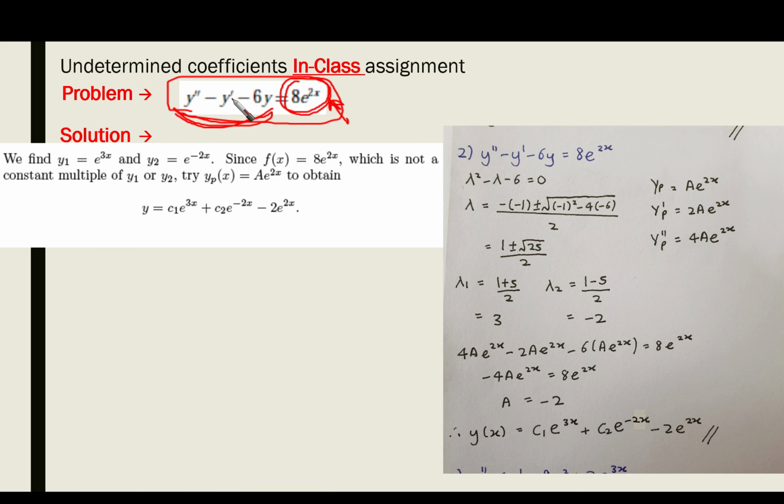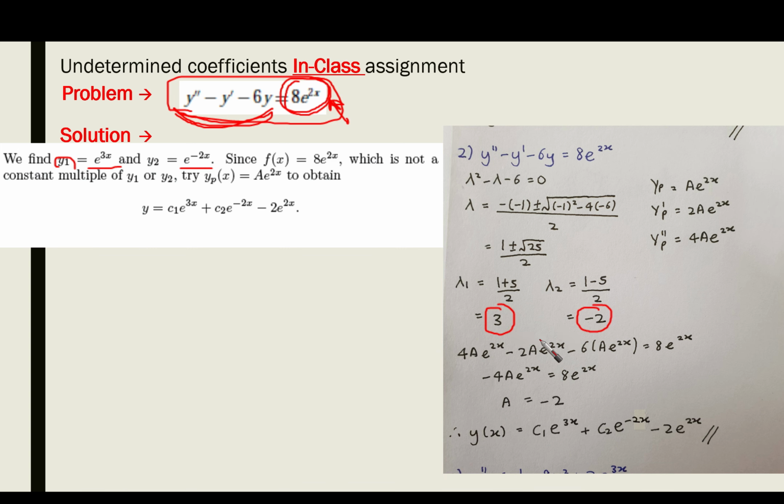Okay, so we're going to find y1 and y2 first, of the associated homogeneous equation. So y1 equals e to 3x, y2 equals e to minus 2x. Our characteristic equation here has distinct roots, 3 and minus 2.